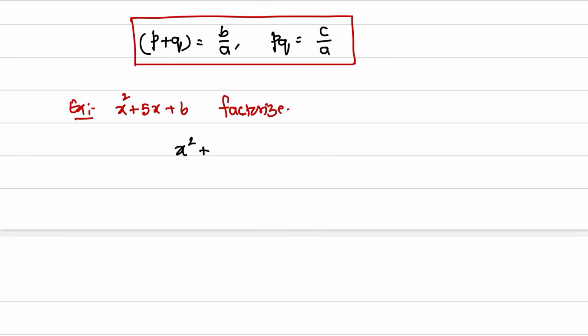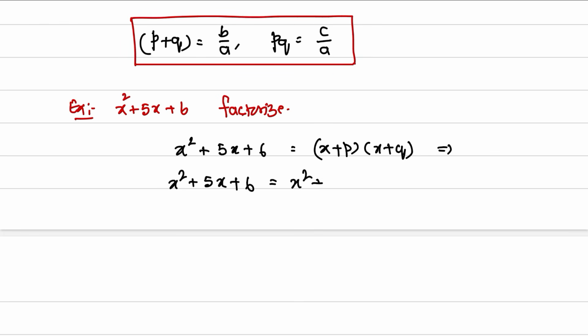x square plus 5x plus 6, I am writing it as x plus p into x plus q. That implies x square plus 5x plus 6 is equal to x square plus p plus q into x plus pq.